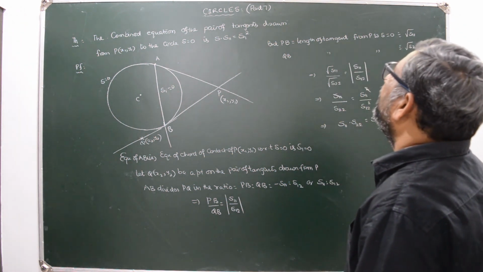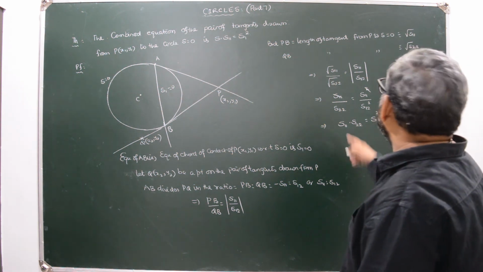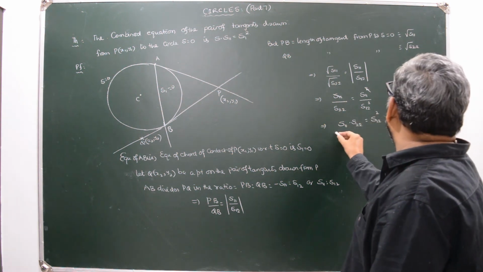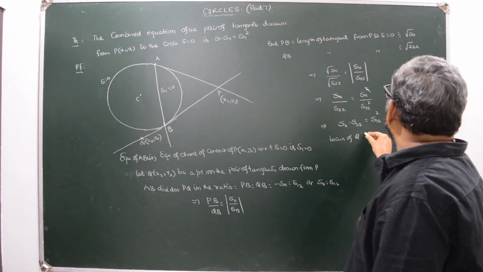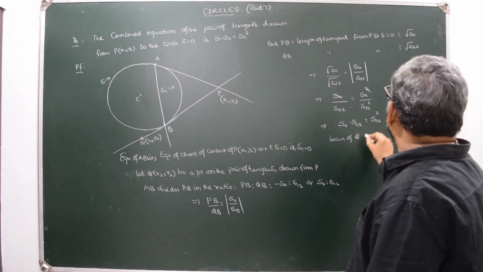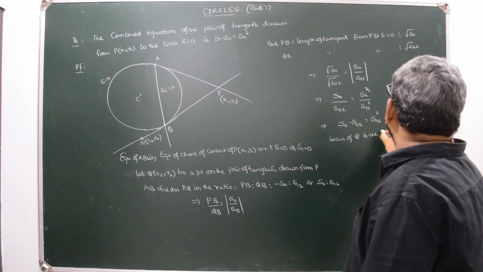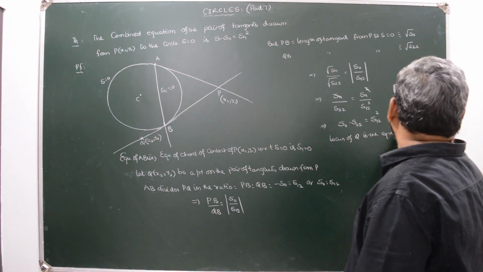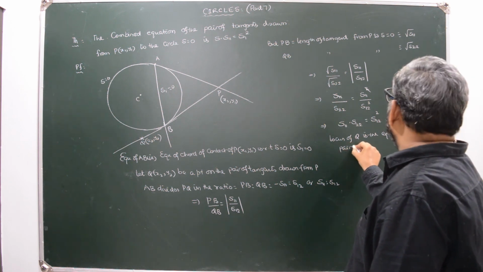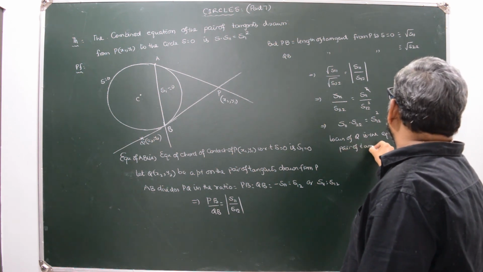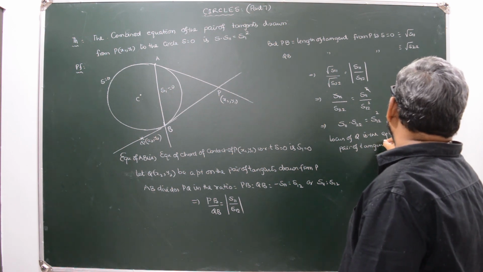Now the locus of Q is the equation of the pair of tangents.